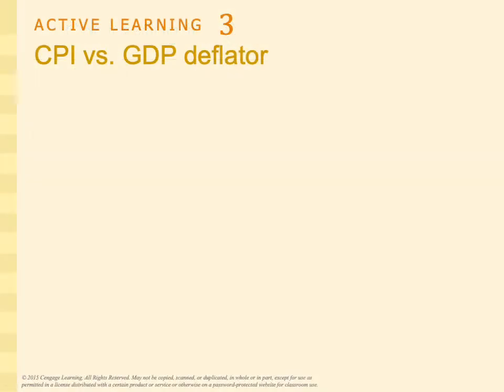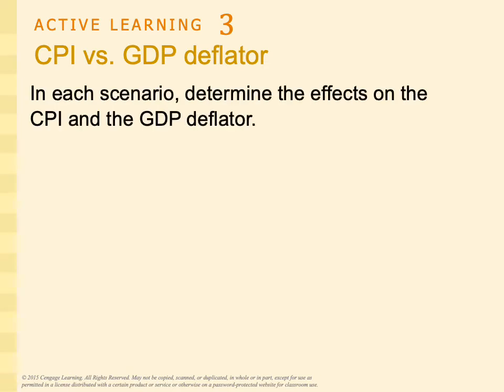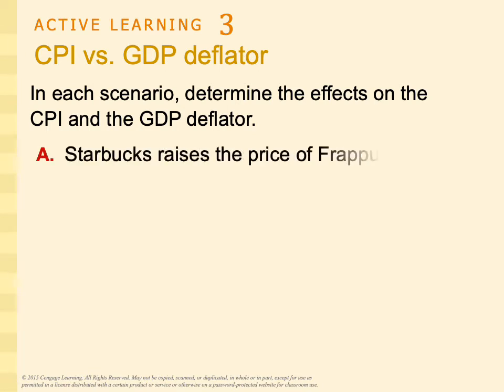All right, so just real quick, here's an exercise to really make the differences between CPI and the GDP deflator stick out to you. In each of these scenarios, determine the effects on the CPI and the GDP deflator. Scenario A, Starbucks raises the price of Frappuccinos.